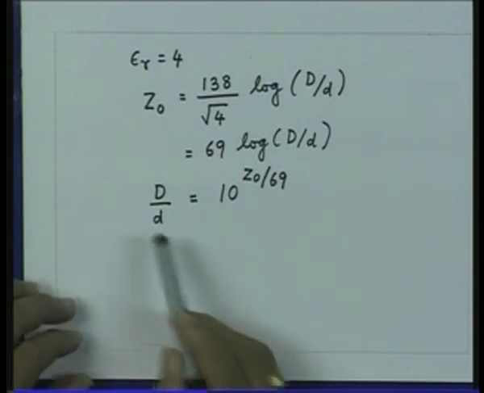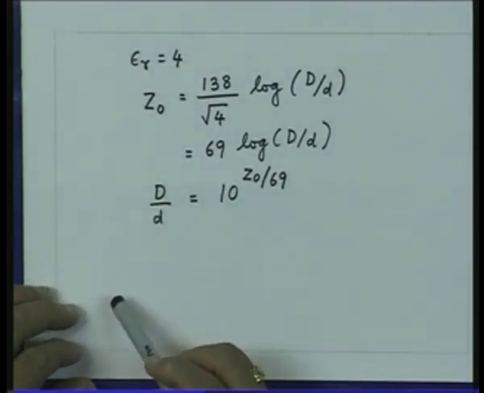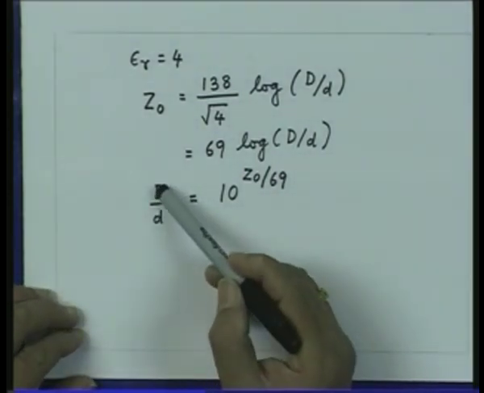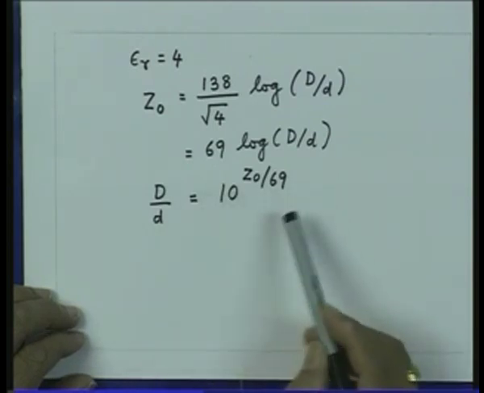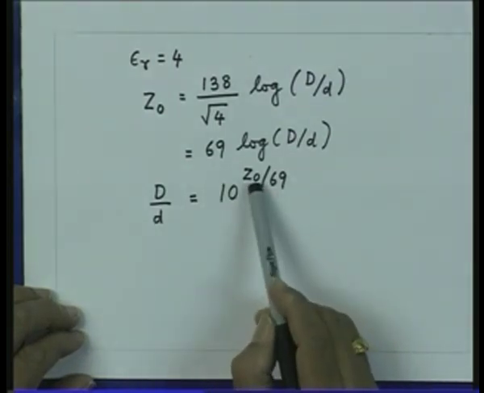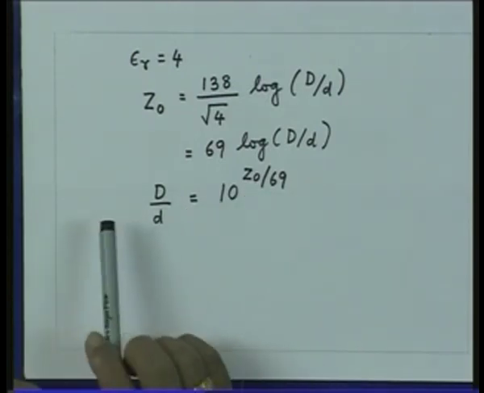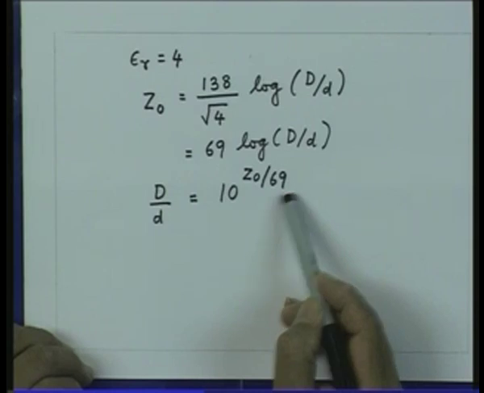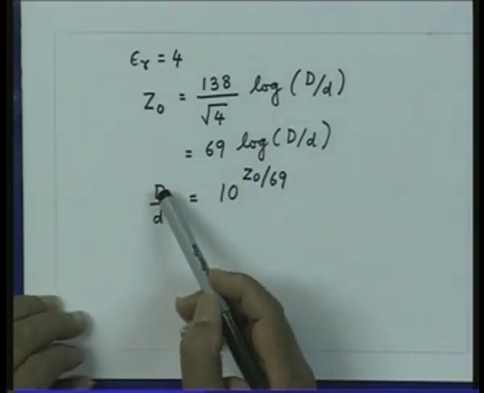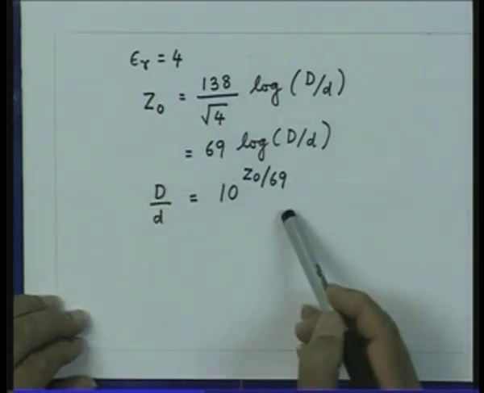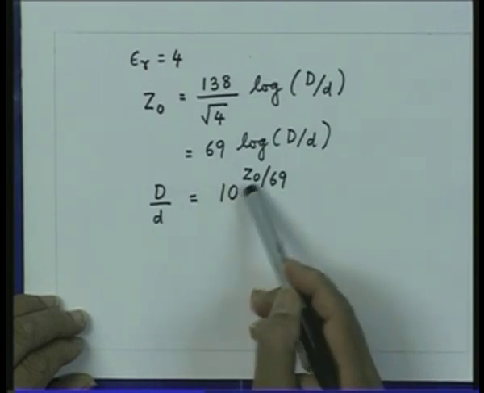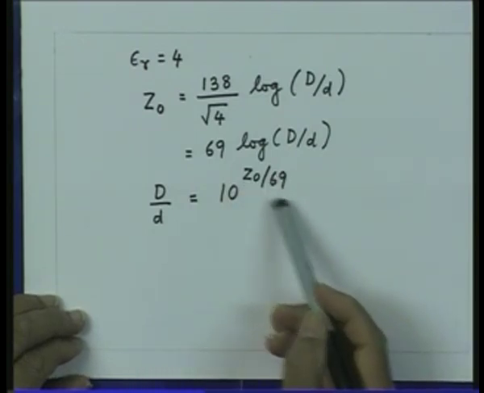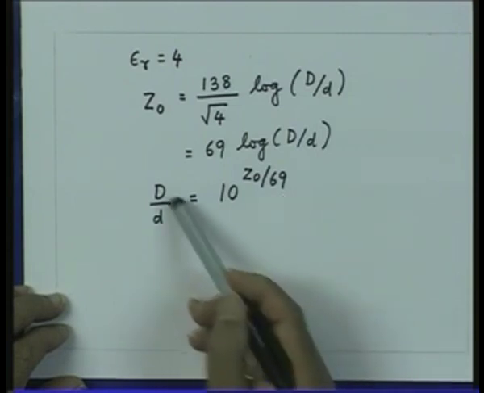What you see from this relation is that the ratio of D by d increases very rapidly as the characteristic impedance increases. When Z0 is equal to 69 ohms, the ratio of the diameters of the outer and the inner conductor will be 10. When the impedance becomes double of 69, that time the ratio will become 100.